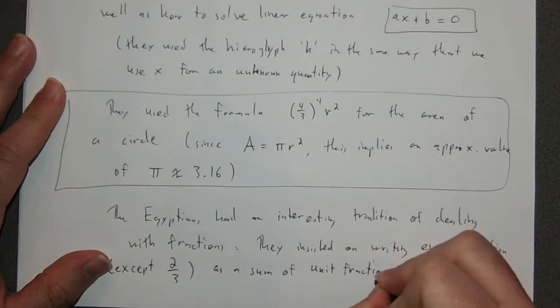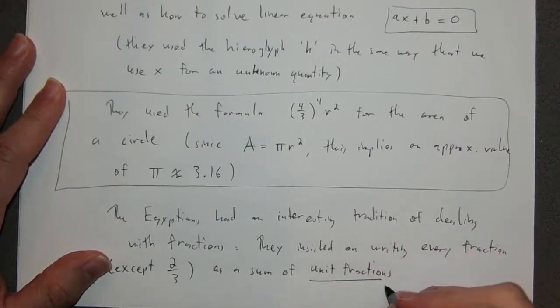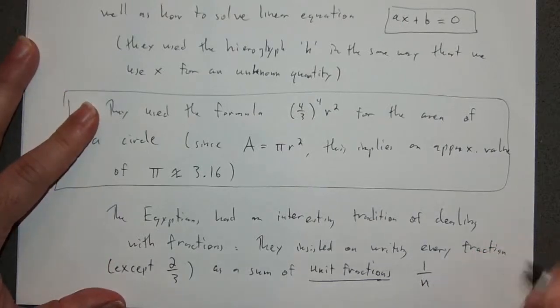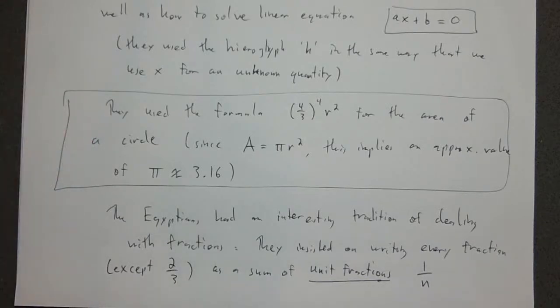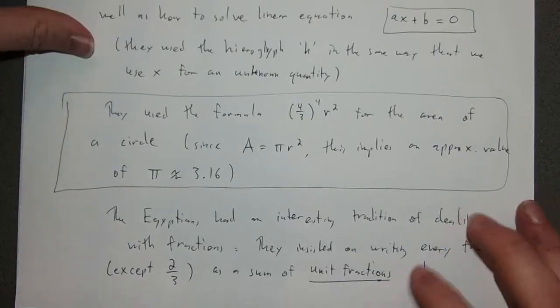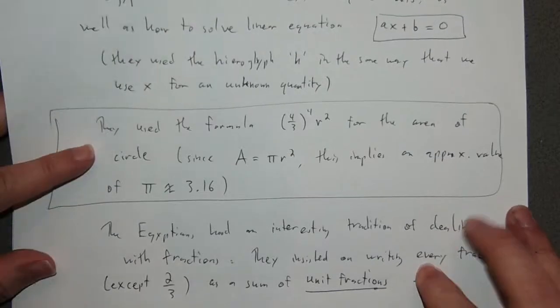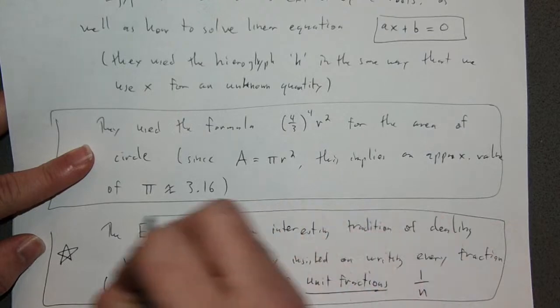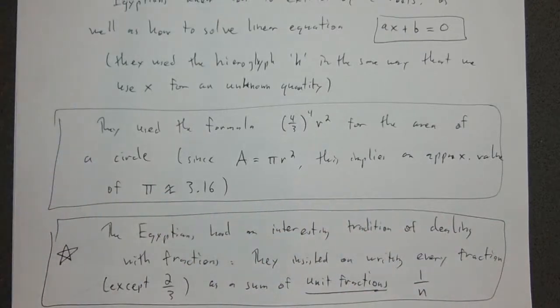What's a unit fraction? A unit fraction is a fraction that is 1 over n for some n. So what do I mean here? This is an important distinction in Egyptian mathematics, because it turns out this is a very tricky thing, and it's not at all obvious.